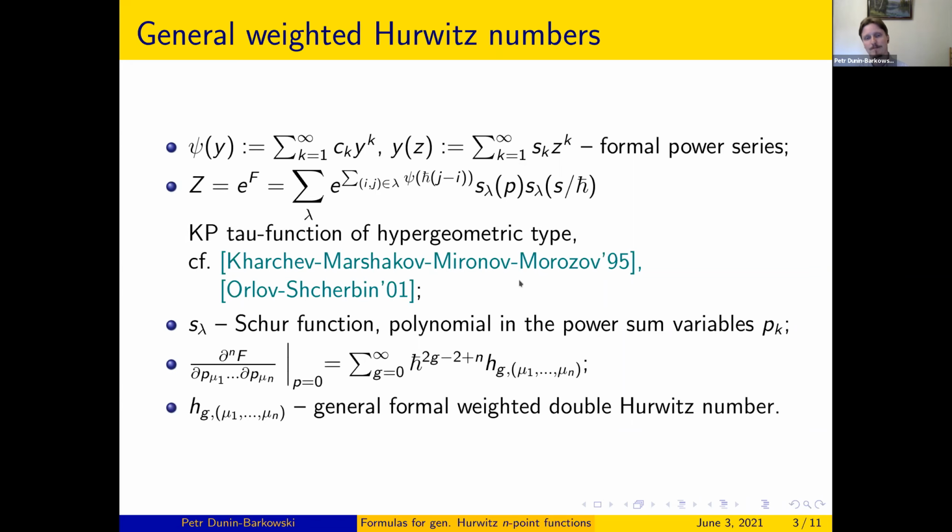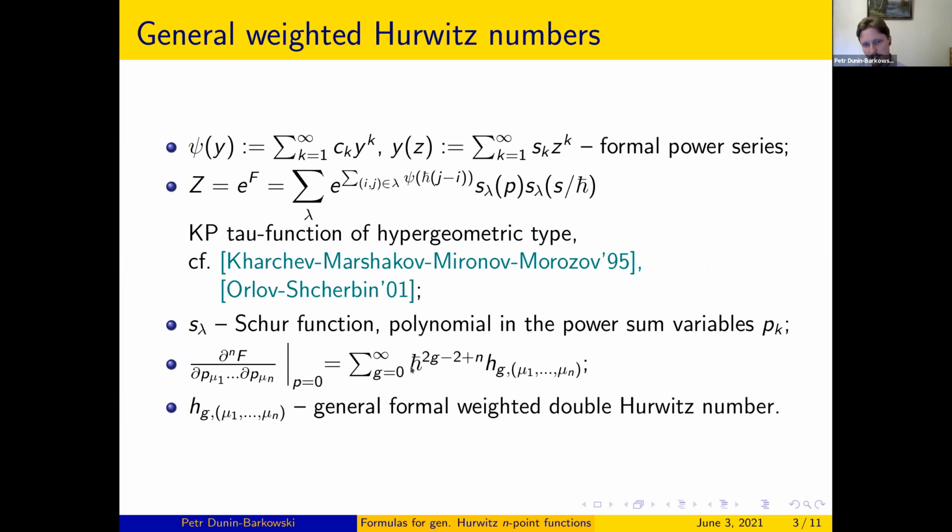Now, if you take the logarithm of this tau function, which we call f, then you can consider what we call its genus expansion. We can consider its coefficients in front of the p monomials and expand it in terms of the formal variable h bar.